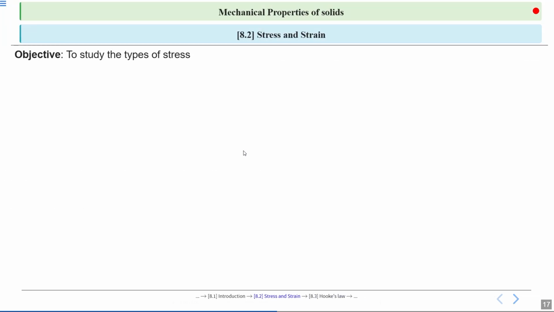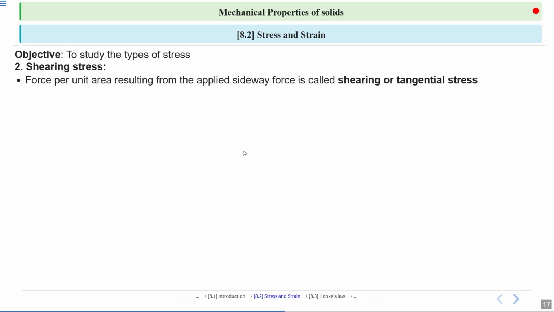So, let's continue with shearing stress. Force per unit area resulting from the applied sideway force is called shearing or tangential stress. This means that the stress is distributed over the area where the force is applied.